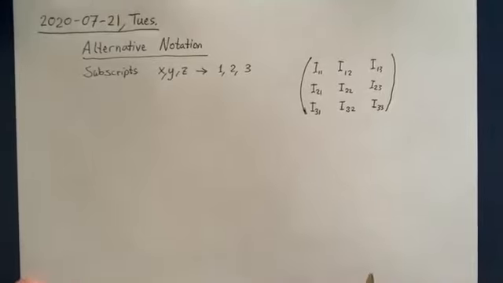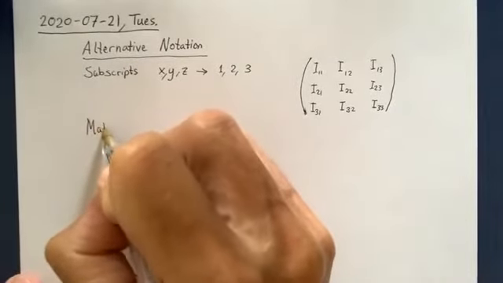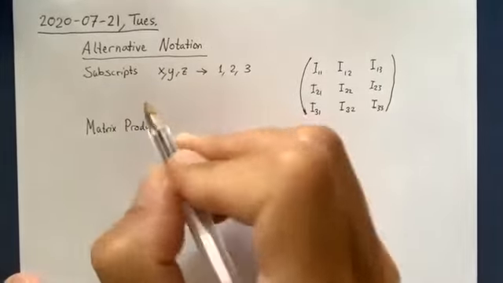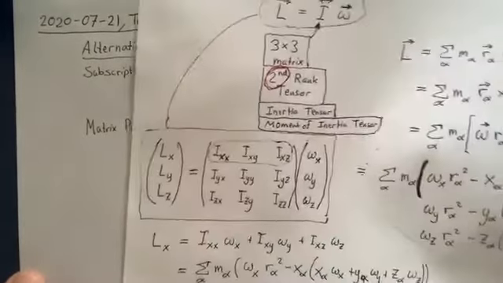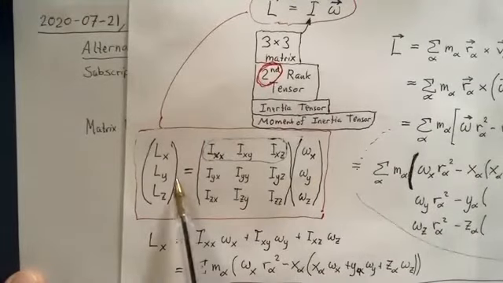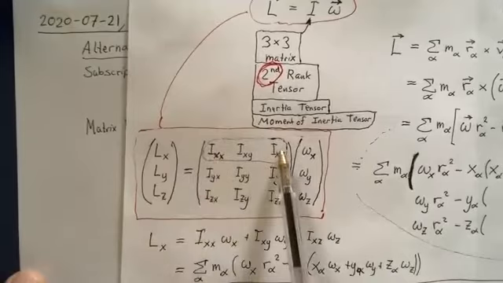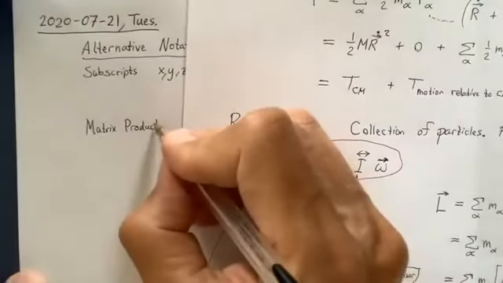That the matrix product, for example, okay, let's talk about that matrix product one more time. You remember when we wrote the matrix product, we wrote it like this, and we invoked the standard rules for matrix multiplication. So Lx, for example, this number here, the first component of the angular momentum, is gotten by forming this dot product of the first row here and this column here. Okay, let's look at how cool this is with the new notation.